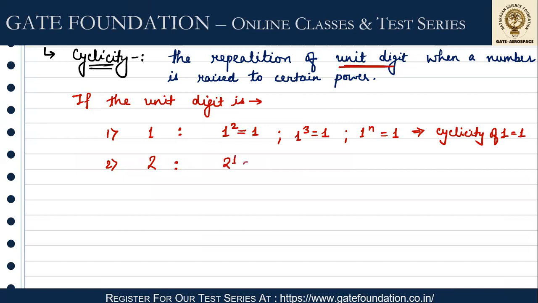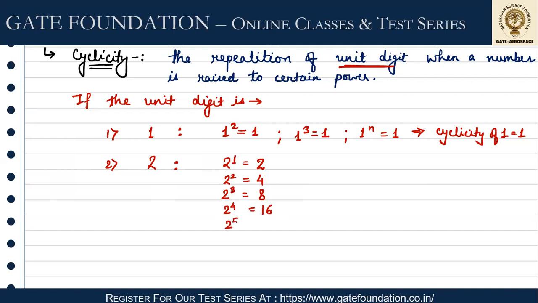So you know 2 raised to 1 is 2, right. Now I'll just increase it. Now kindly notice the unit digit over here, it's 2, right? Now 2 raised to 2, 4. 2 raised to 3, 8. 2 raised to 4, 16.